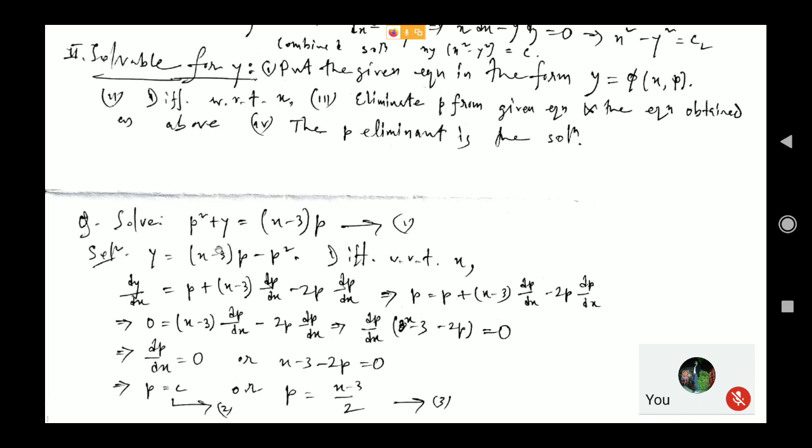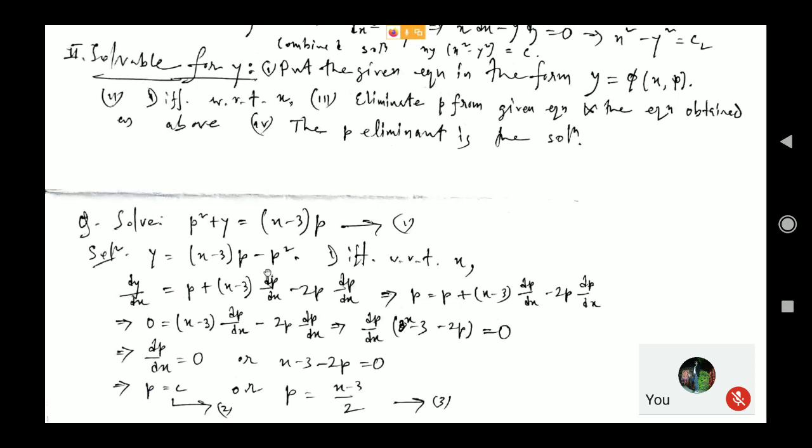But solvable for y is much easier, because only one y is here. So y we can very easily separate from other variables. So we can write y = (x − 3)p − p². So it belongs to this category.